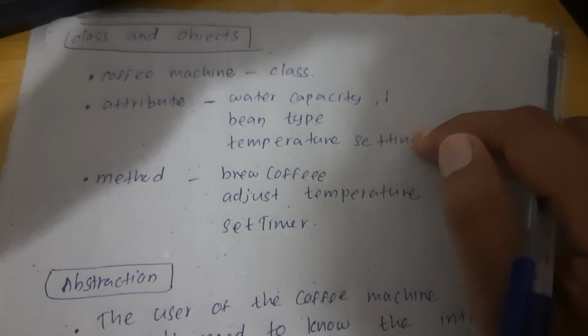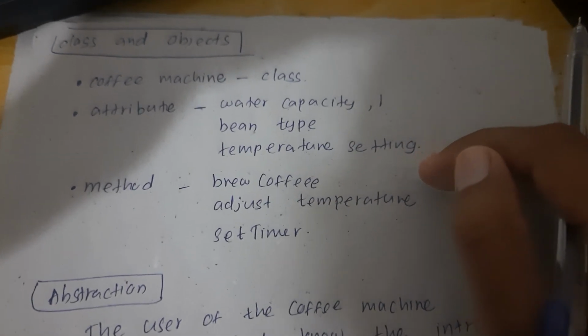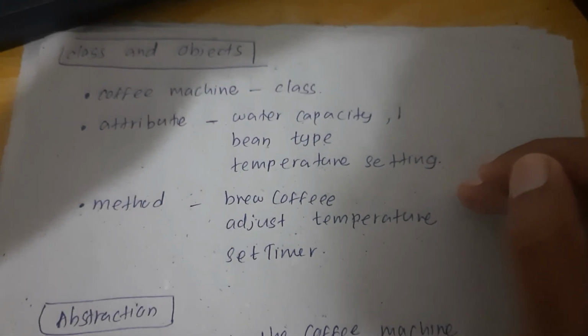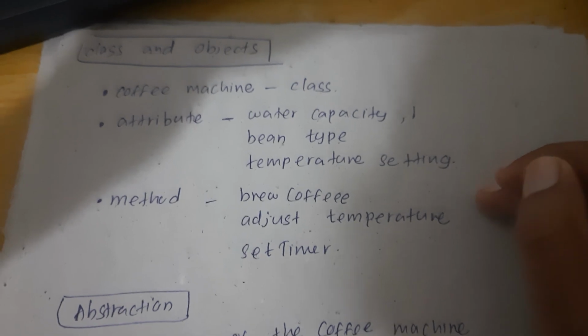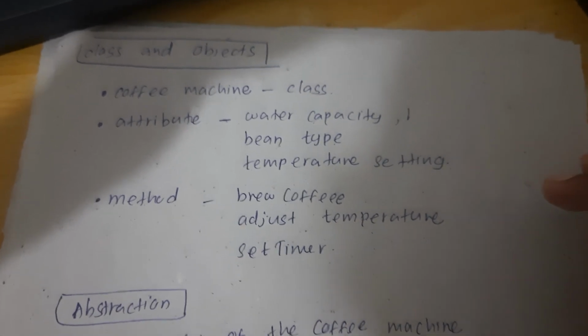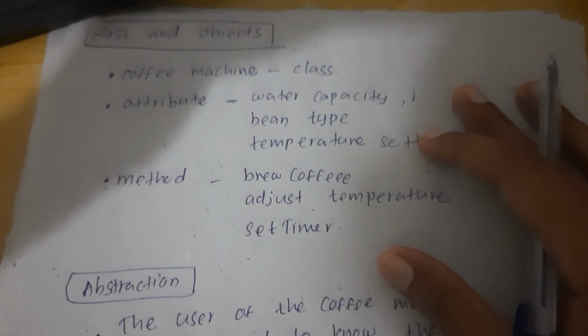The class defines the structure and behaviors of the coffee machine, including its attributes like water capacity, bean type, temperature setting, and so on, and methods like adjust temperature, set timer, like that.